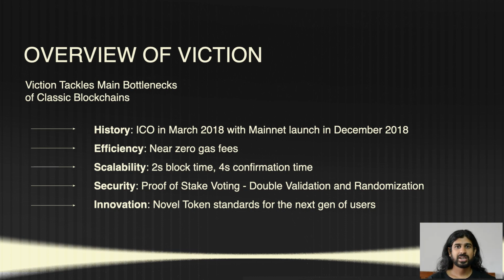Double validation and randomization help prevent forks in the network, as well as mitigating risks against fracturing communities that come from that. These extra layers of security do provide extra security, but have very little compromise on network performance.